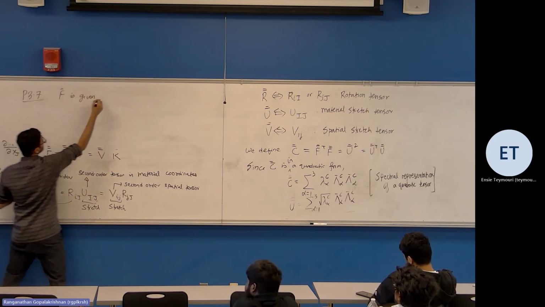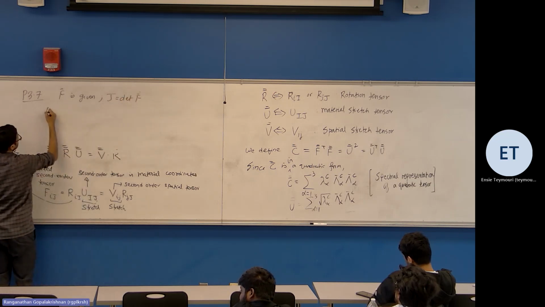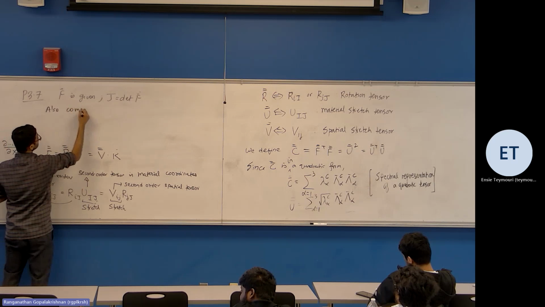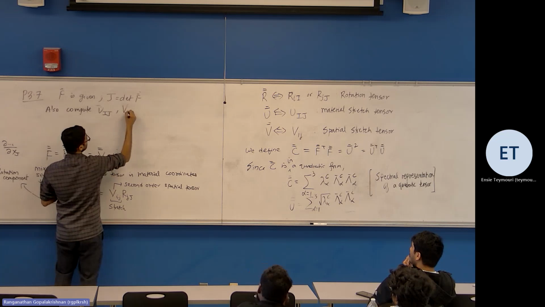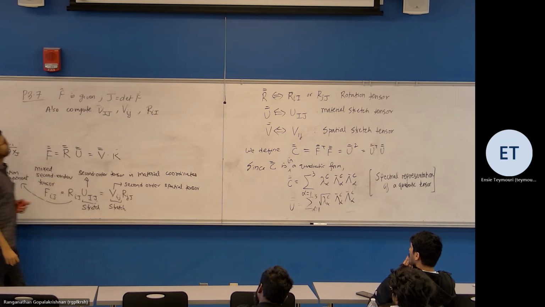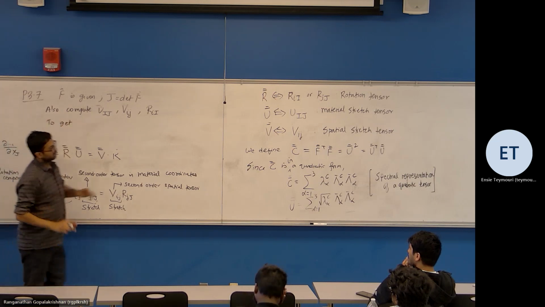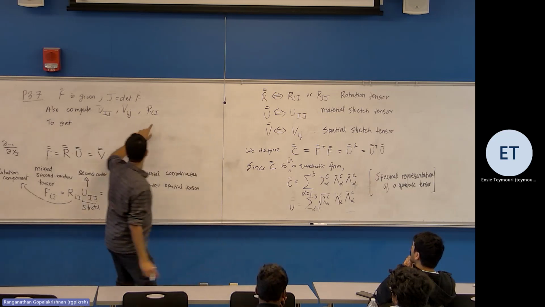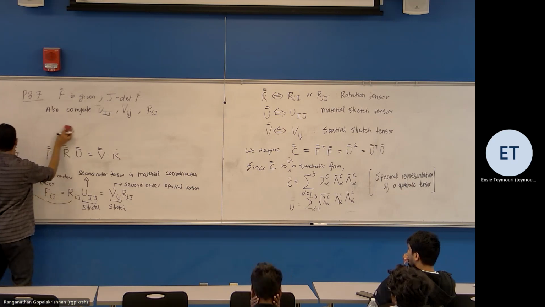You're asked to calculate J, which is the determinant of F. And now I'm going to add: also compute Uij, Vij spatial, and Rij. So what would you do? Actually, let's finish seeing what is V and R, and we'll do this numerical example. Okay, so let's leave it hanging here.